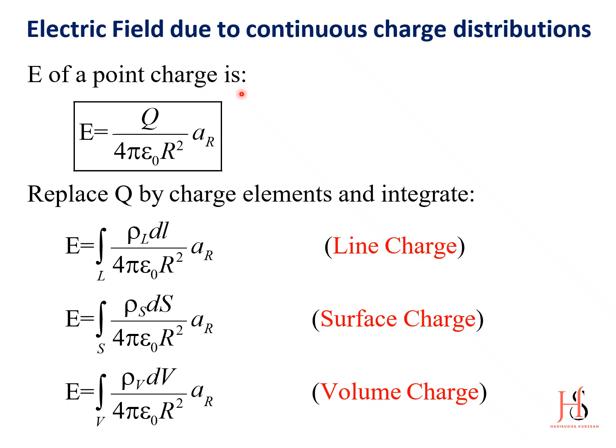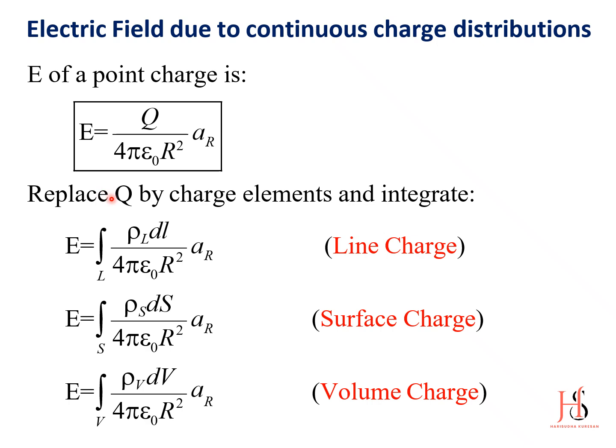The next is E of a point charge. For a point charge, the electric field is represented as E is equal to Q divided by 4 pi epsilon naught R square into the unit vector. This is the reference equation. Now you can replace the Q by a line charge, a surface charge, or a volume charge.